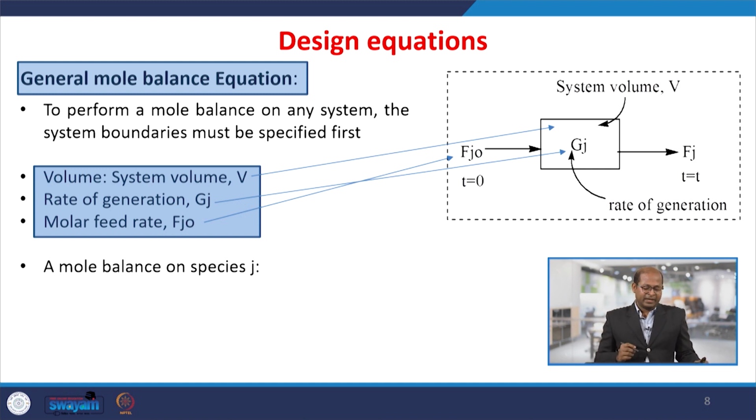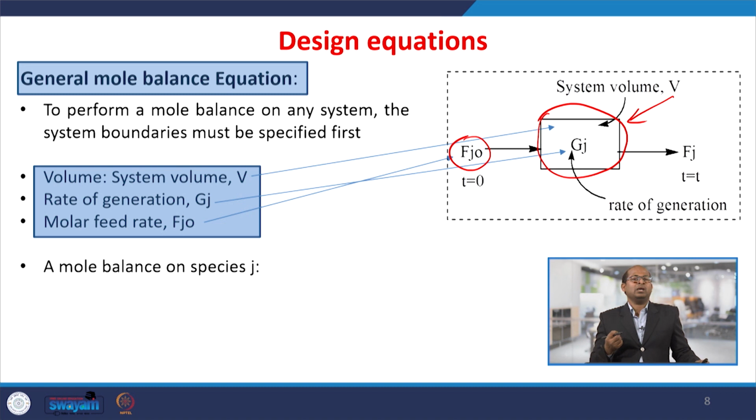So, here we start with the general mole balance for a system. Let us say this is a system, and the system volume is known, that is V. Here this is F j 0 for a component j, that may be the reactant, either A or J, whatever. It is the reactant molecules feeding into this volume.